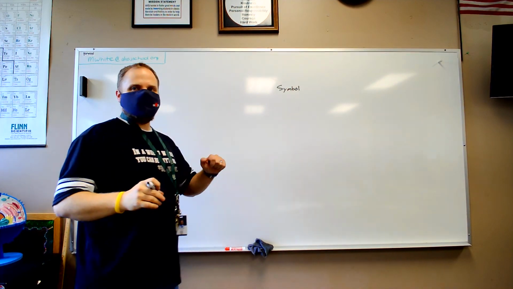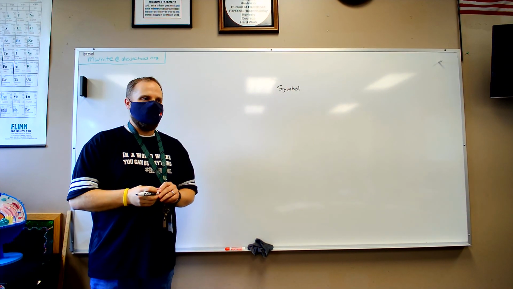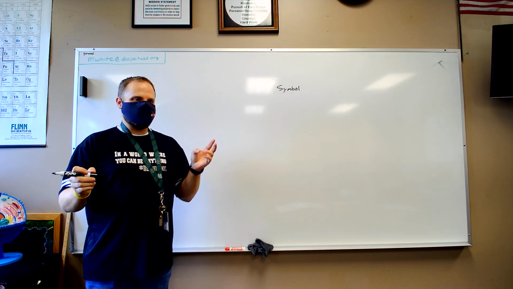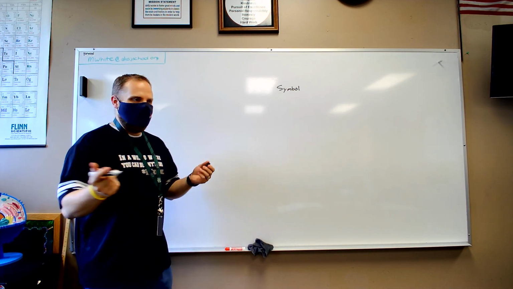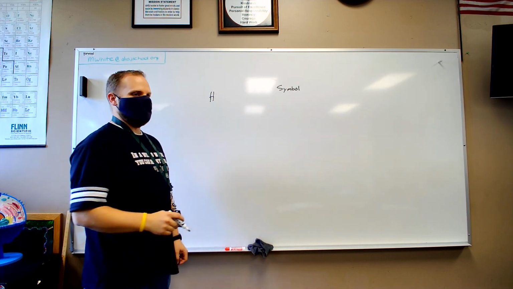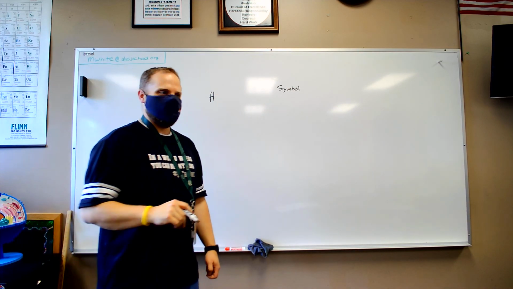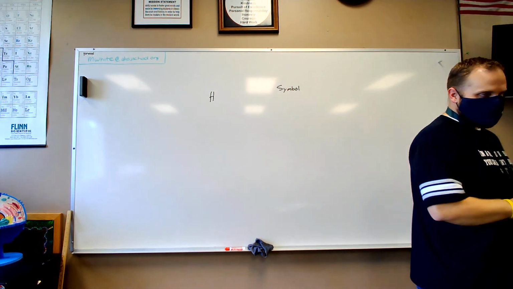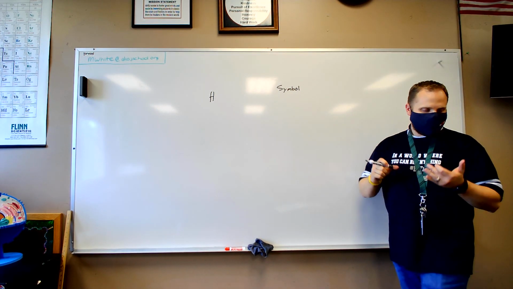Everyone know what we mean when we say the chemical symbol? It's the 1 or 2 letter abbreviation. So for hydrogen, that's our chemical symbol. Pretty straightforward. We also find the atomic number.